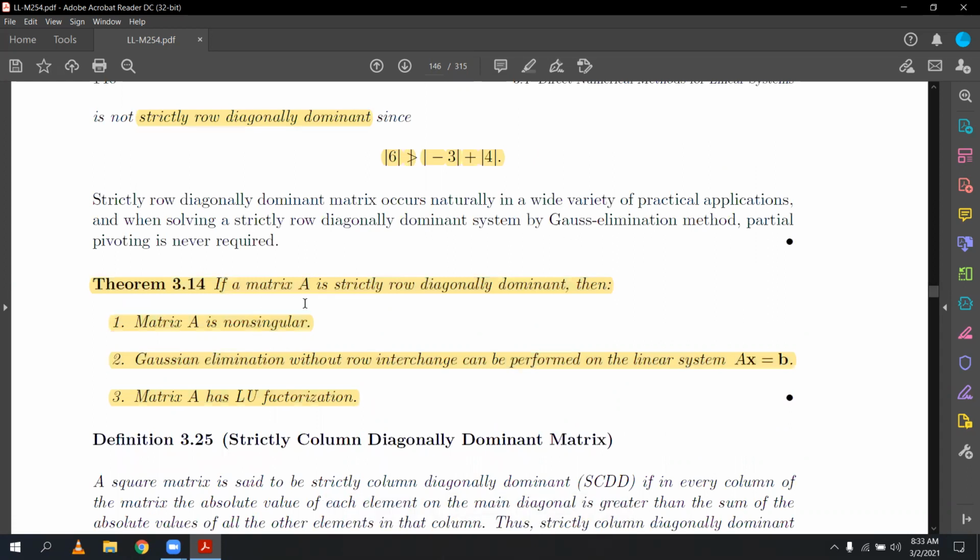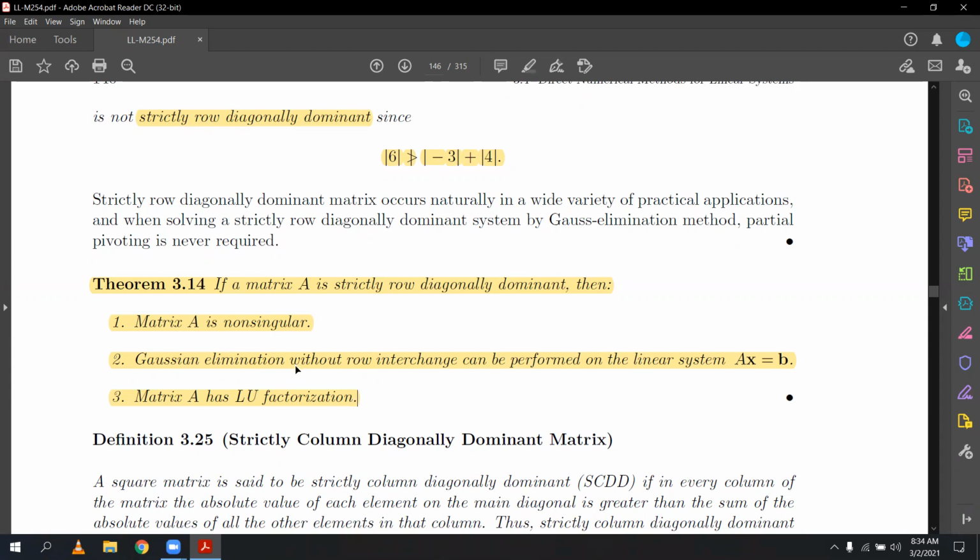Now, if your matrix is strictly diagonally dominant, the strictly diagonally dominant matrix is always non-singular. And when you use simple Gauss elimination, your diagonal element will never be 0.